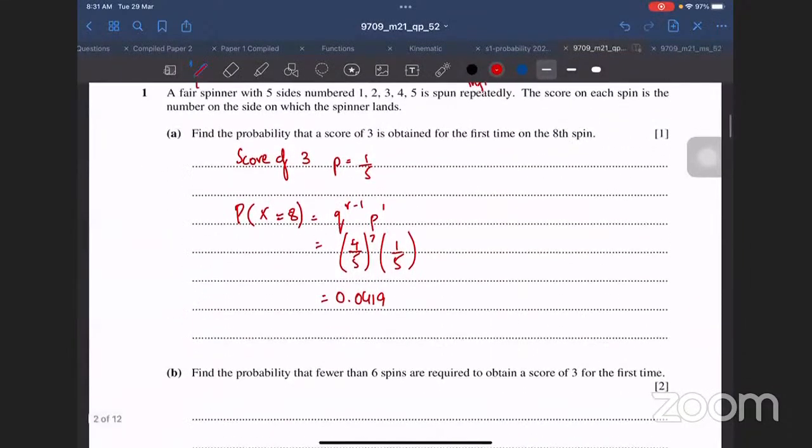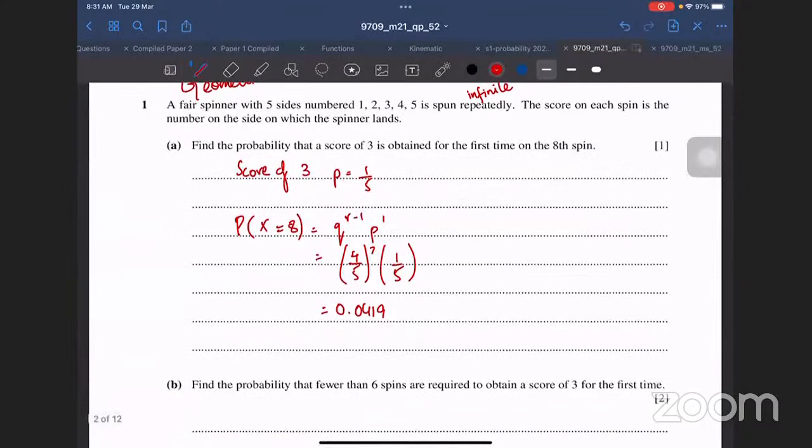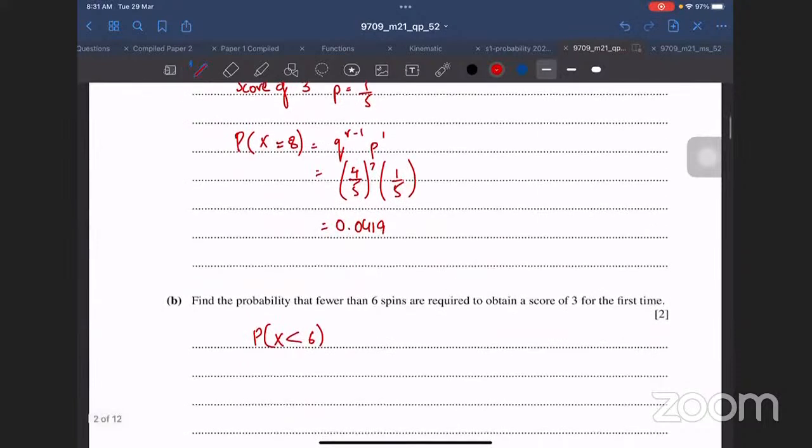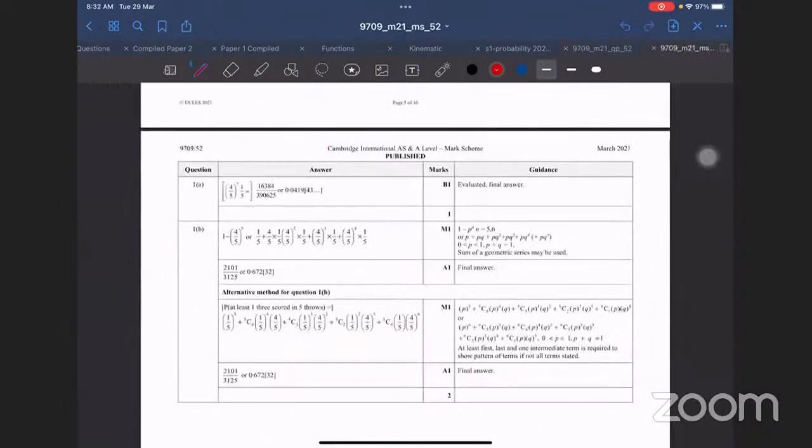Then it says find the probability that fewer than 6 spins are required to obtain a score of 3 for the first time. So fewer than 6 means x less than 6. We don't have a formula for less than, but we do have a formula for less than or equal to. So less than 6 can be written as less than or equal to 5.